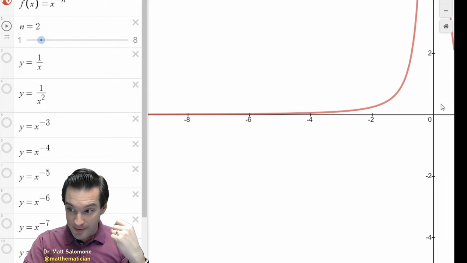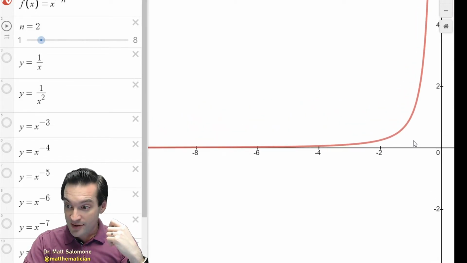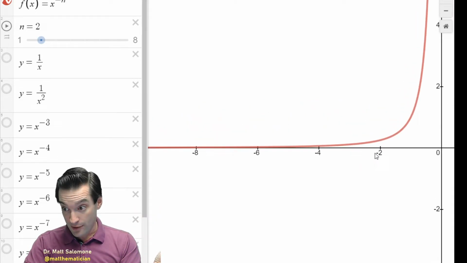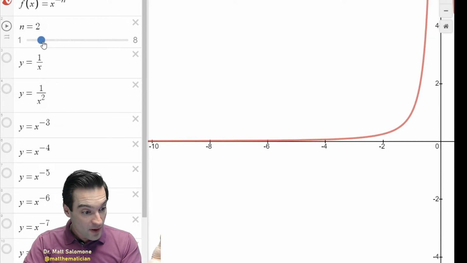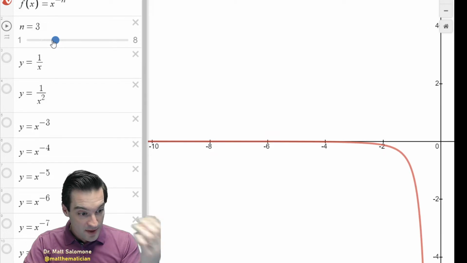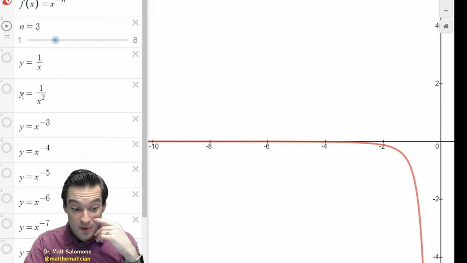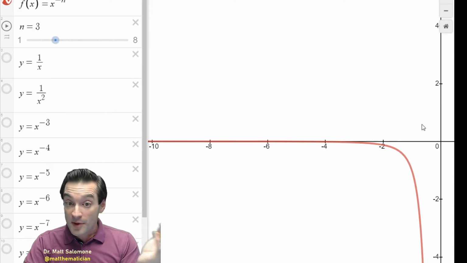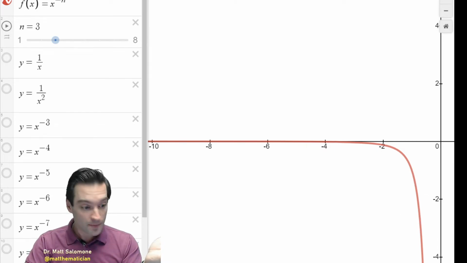What about from the left side? As x tends to 0 through negative values, what is happening to the values of f of x? Well, for the one we were looking at in the beginning, f of x equals x to the power minus 3, as x tends to 0 from the left side, f of x is tending to negative infinity. It's crashing through the floor.